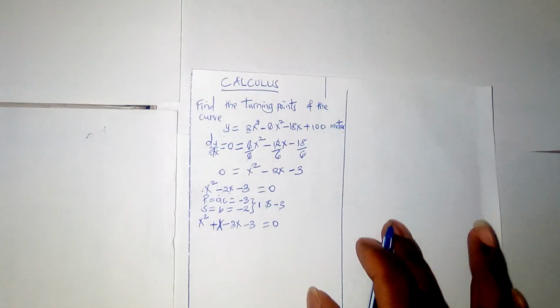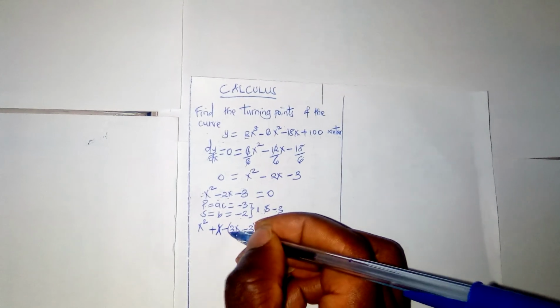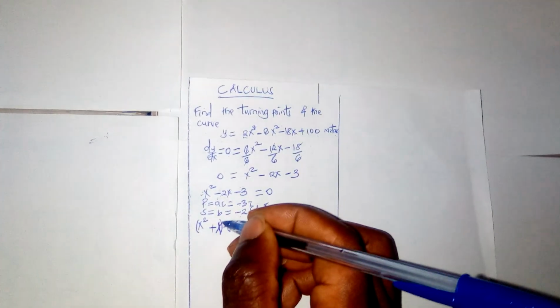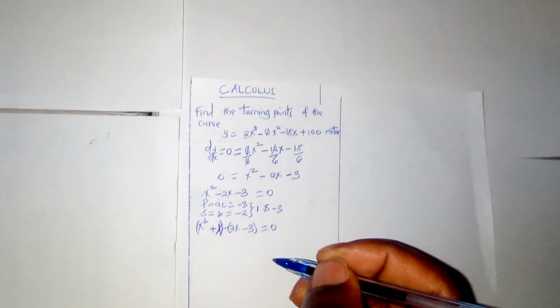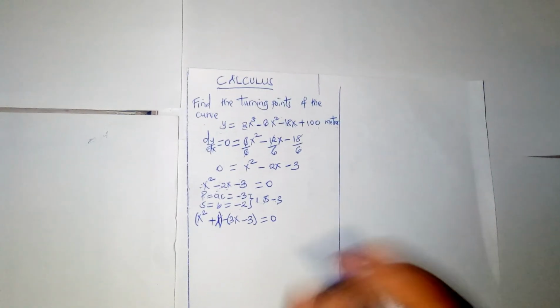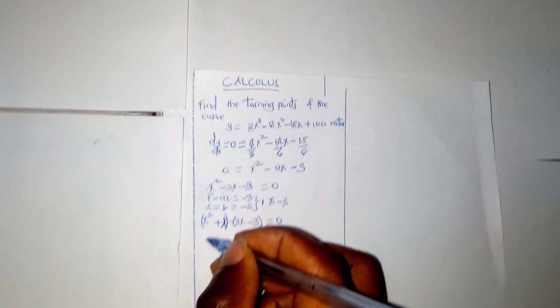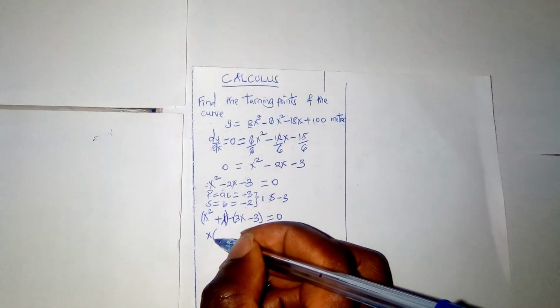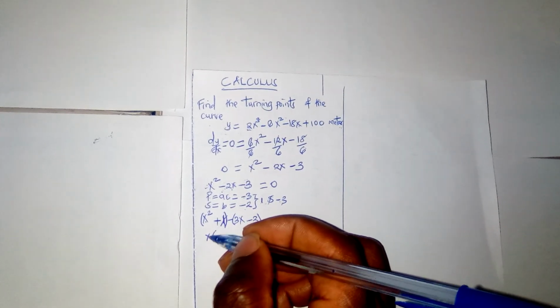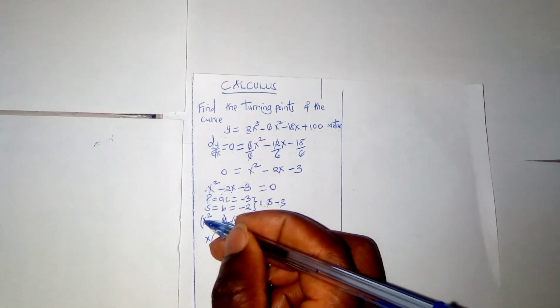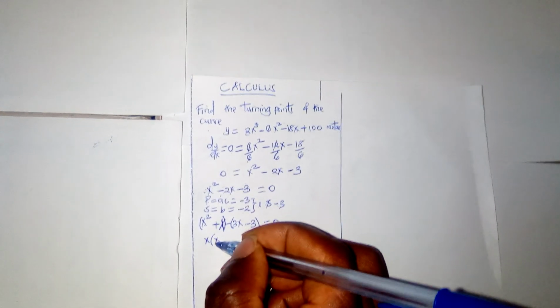Now after this, you are supposed to group them into 2, so that you can look at the common terms. In the first group, x is common, so you put x outside. How many times does x go into x squared? That is x.